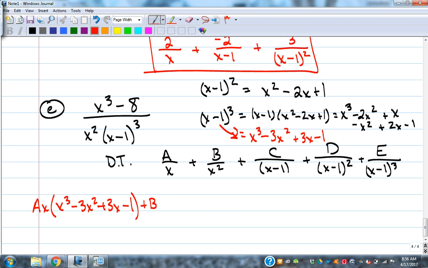This one has the x squared, so all it needs is all of that, which we know is this. X cubed minus 3x squared plus 3x minus 1. And then the C, what's C need? Needs x squared and x minus 1 squared, but we know that is x squared minus 2x plus 1.